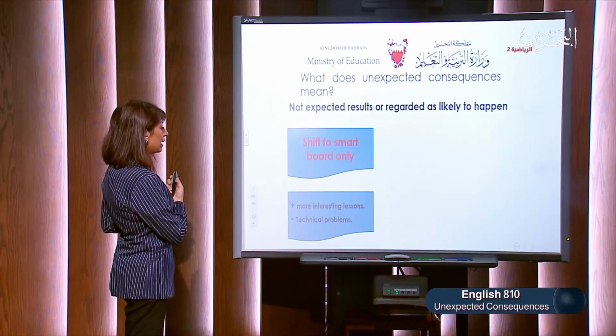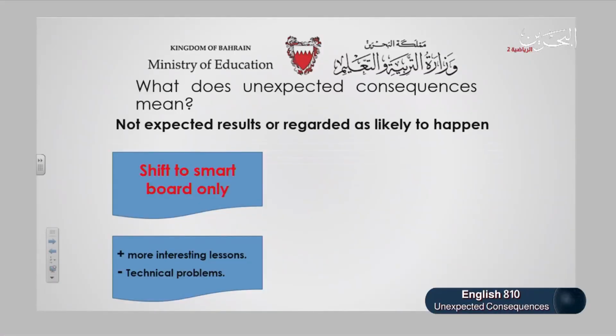Here's an example. One of the positive results or consequences, there will be more interesting lessons. But at the same time, I have got one negative consequence, which is technical problems. Since I'm only using smart boards, then there has to be technical problems.